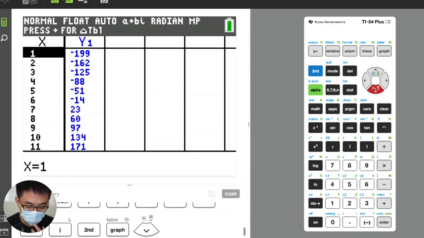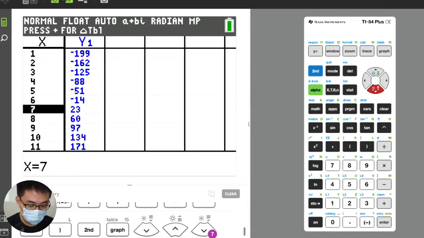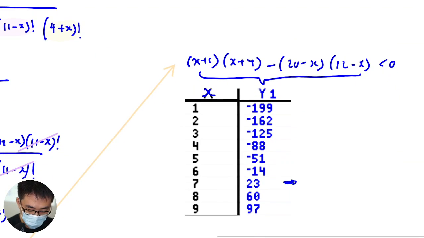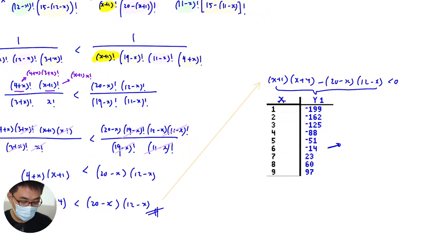Go to table. What I want is to see the first positive case. Nowadays, positive case very sensitive. So from GC, this is my x, my y1. This is the most negative x.